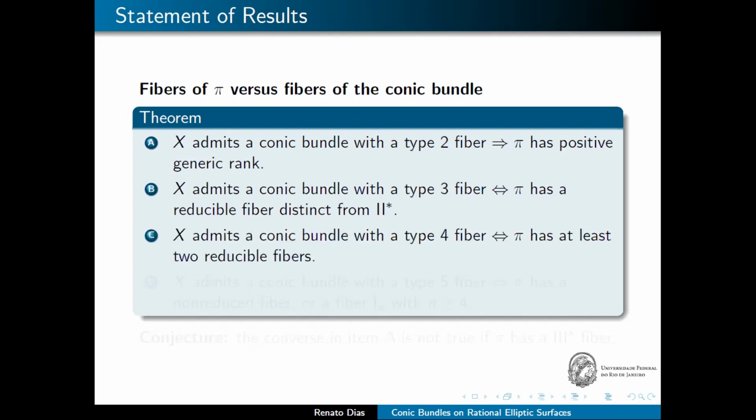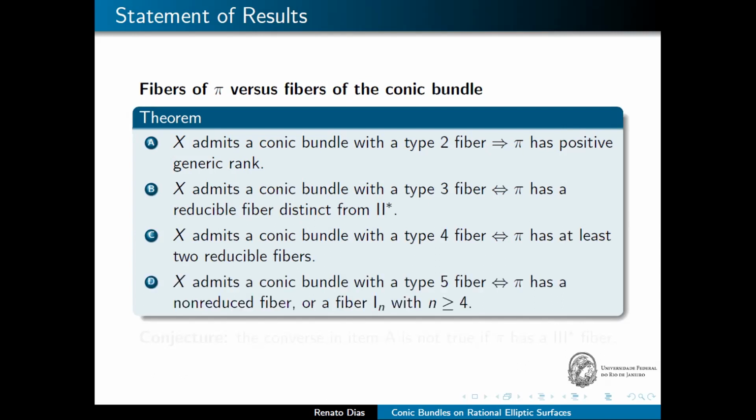It admits a conic bundle with a type 4 fiber if and only if it has at least 2 reducible fibers. And it admits a conic bundle with a type 5 fiber if and only if pi has a non-reduced fiber, or a fiber I_n with n greater than or equal to 4. By the way, these last 3 items are if and only if, except for the first one.